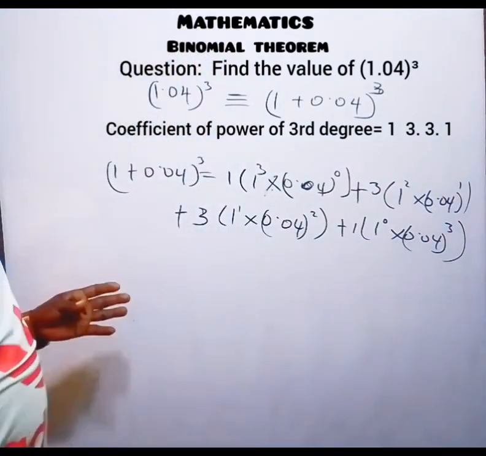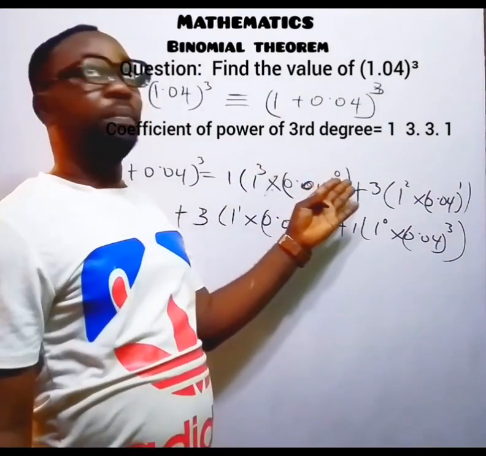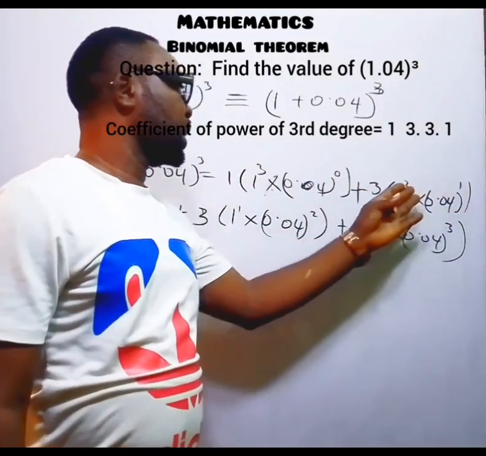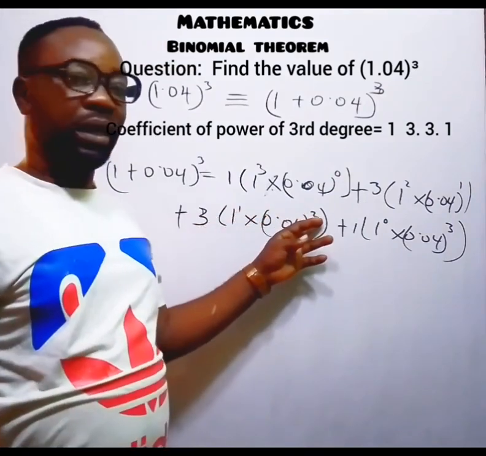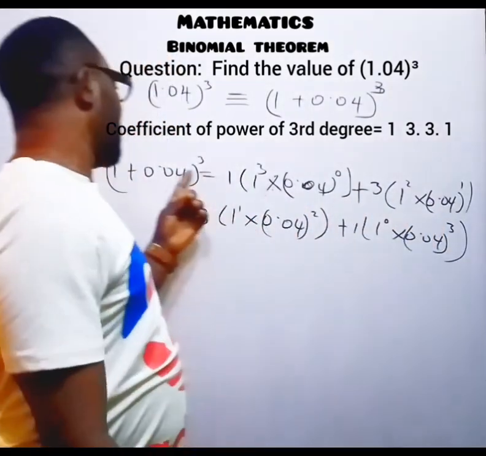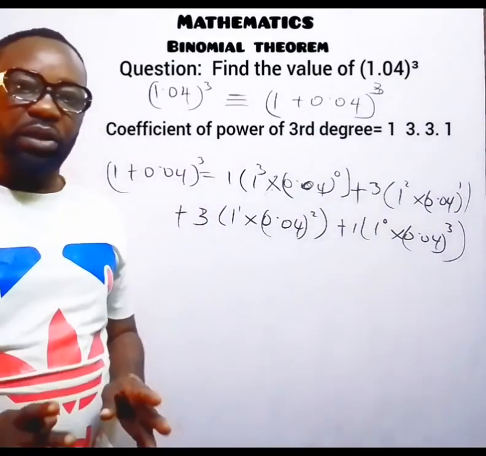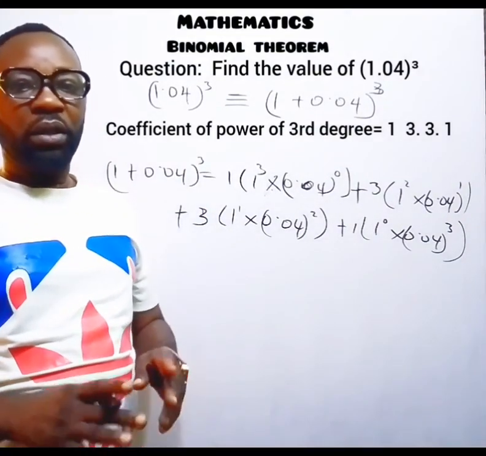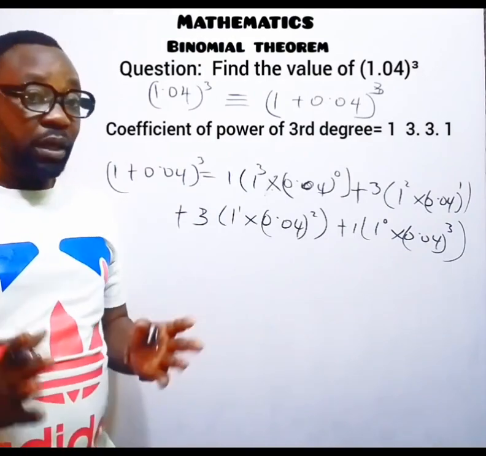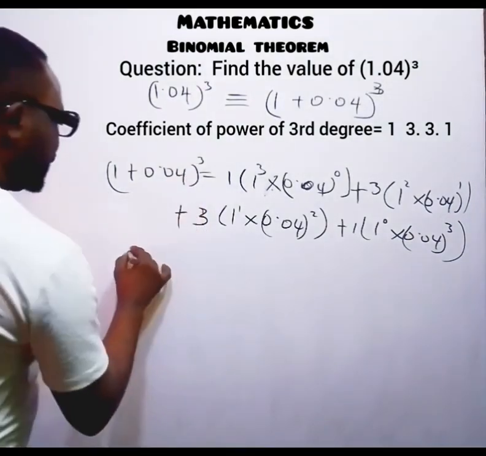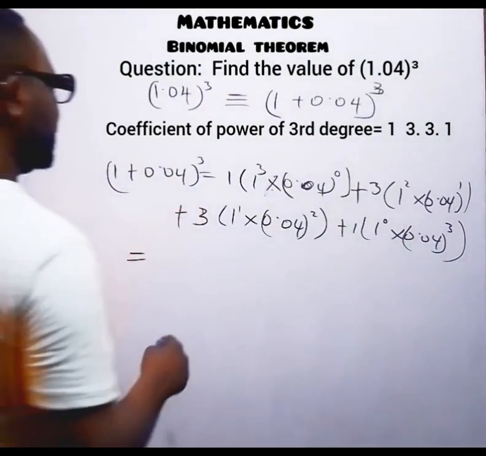Now, you've seen that the powers added at each of those terms at this stage are equal to the power we have out here. That is good. It means what we are working on is still in order, because you have to be careful. Don't make the mistake. So we go ahead and solve it further this way.